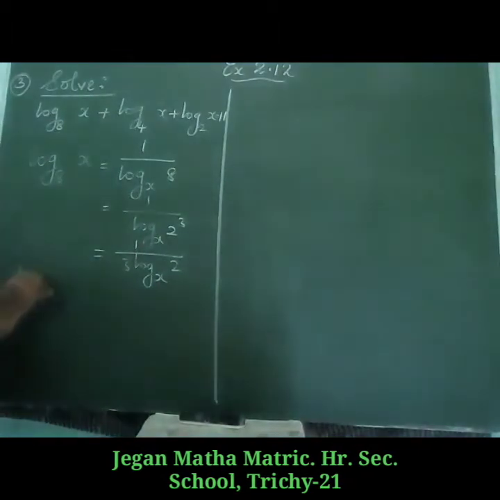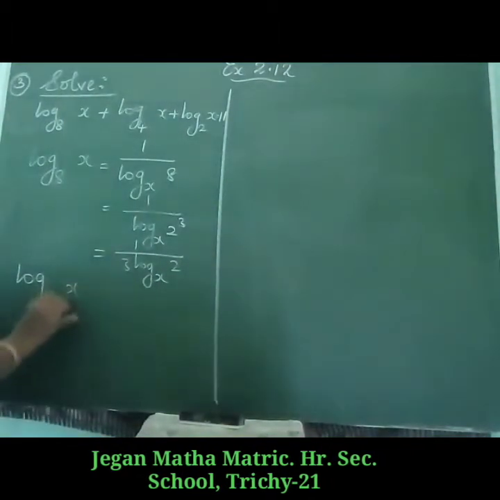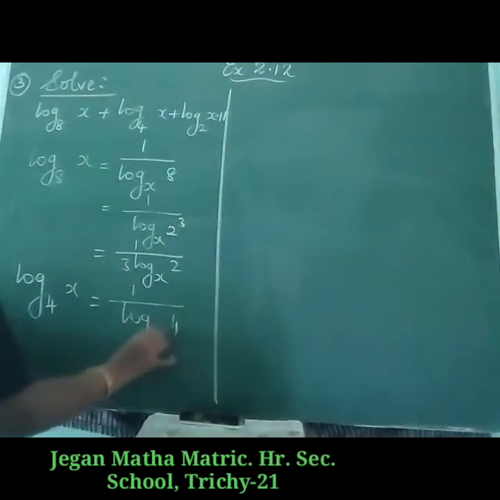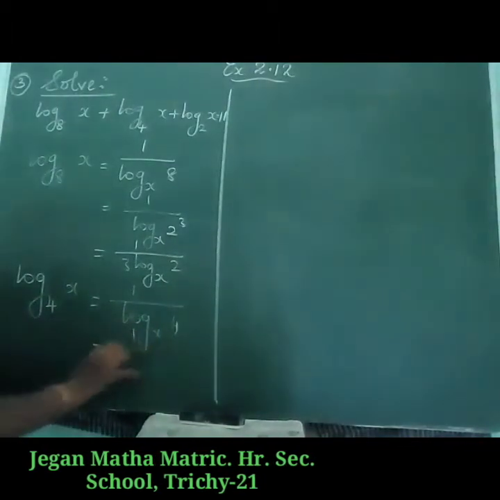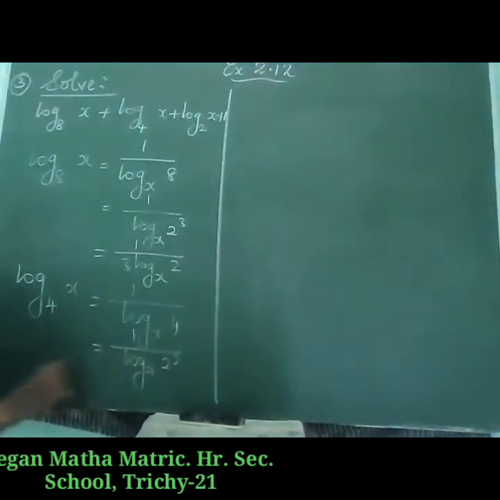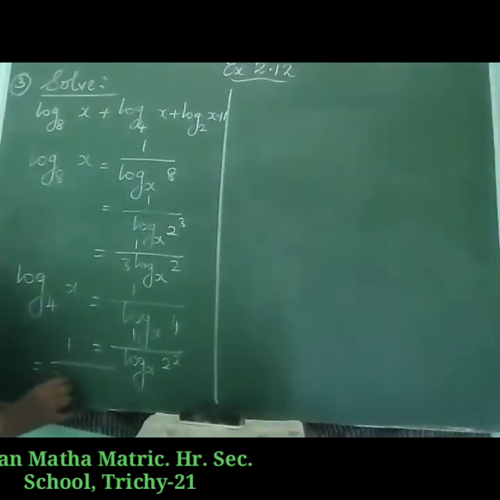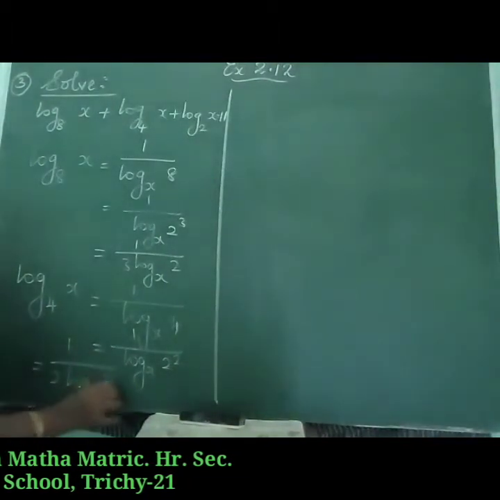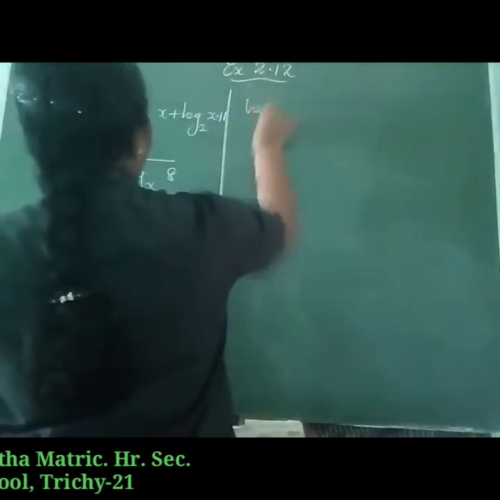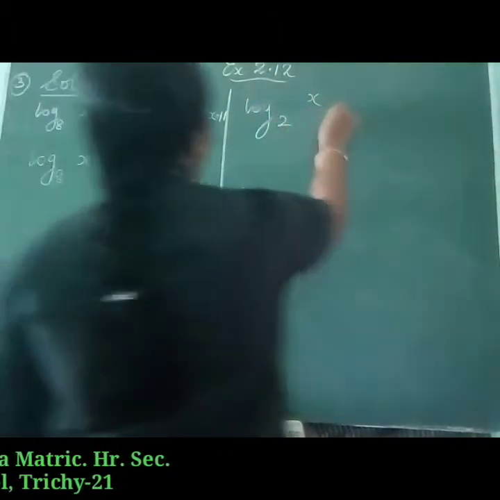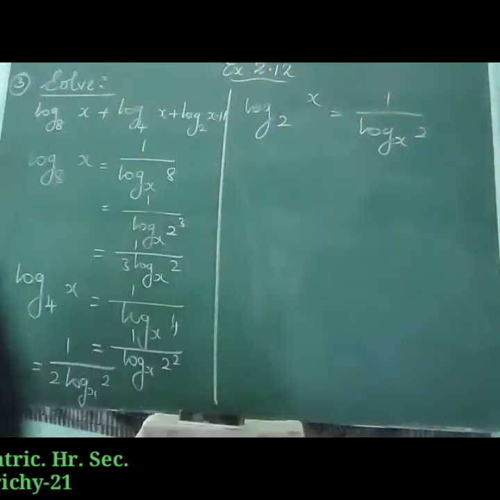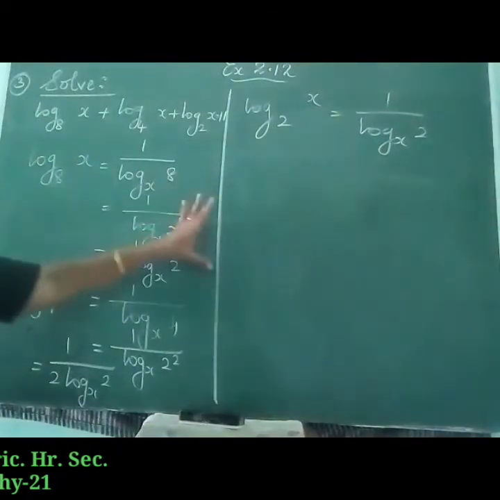Then the second one, log of x to the base 4: 1 by log of 4 to the base x, 1 by log of 2 square to the base x. So 1 divided by 2 log 2 base x. Third one, log x to the base 2: 1 divided by log 2 base x. So we found all three values separately.